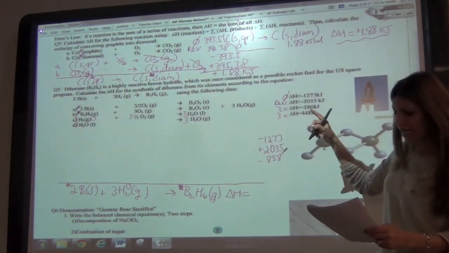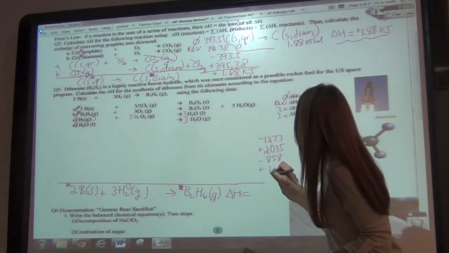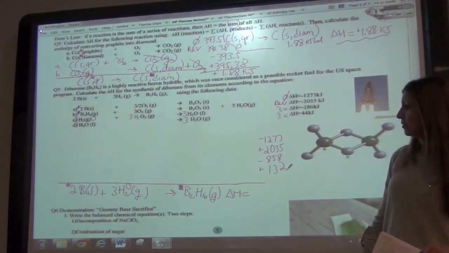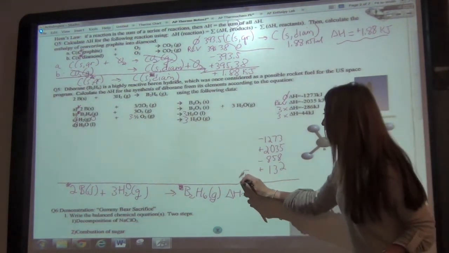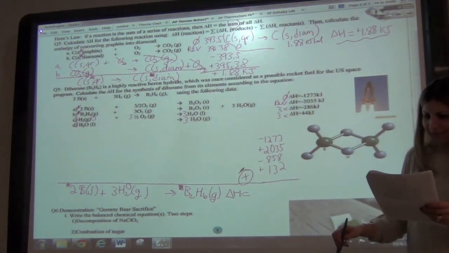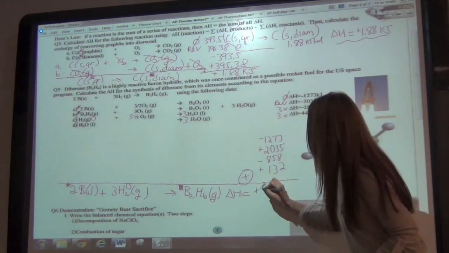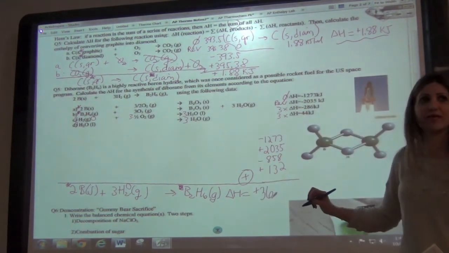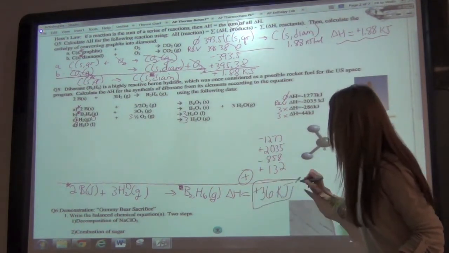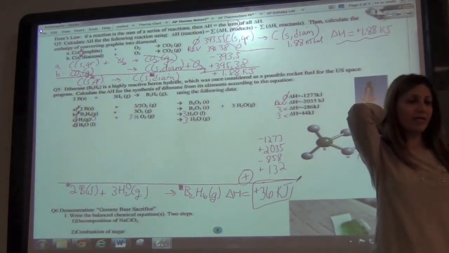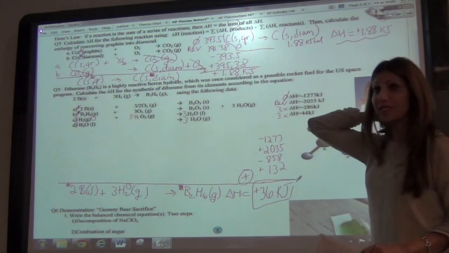And the bottom one times 3 is positive 132. And guess what you do to these numbers now? Add them. Awesome. So we're going to add all of these together. When we add these together, we get positive 36. And what are the units of this? Kilojoules. Nice. Okay, endothermic or exothermic then? Endothermic.